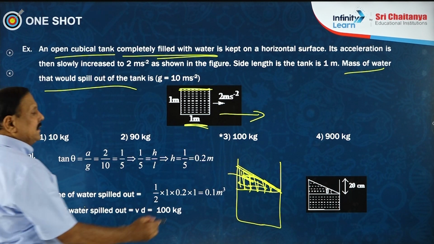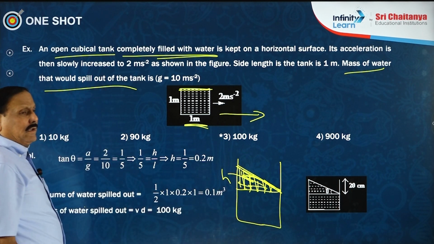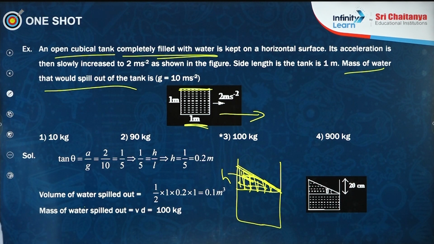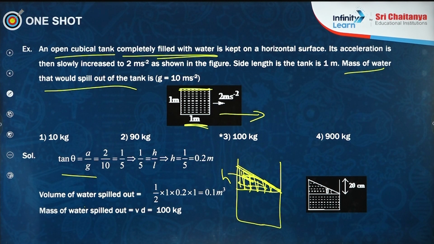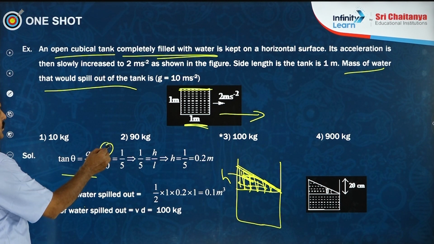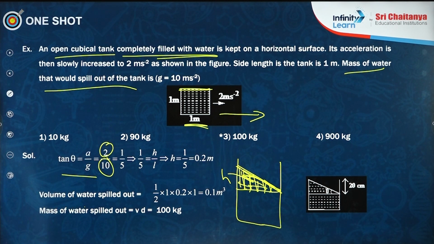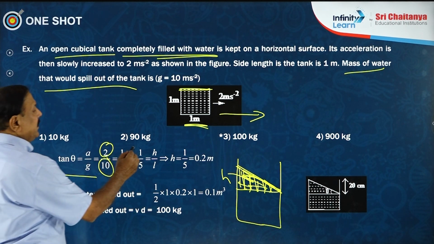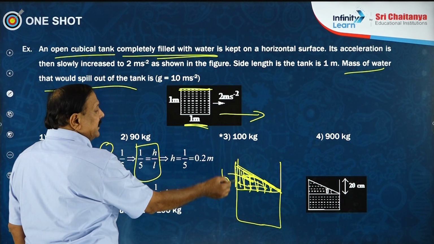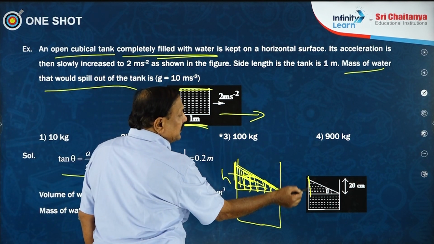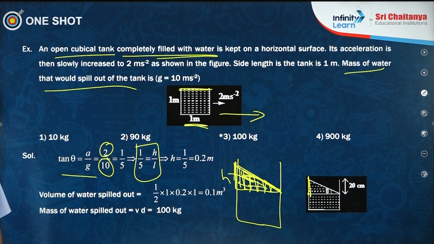So for the height of that region we use the formula again: tan theta is equal to a by g, where a is given as 2 and acceleration due to gravity is 10, so it is 1 by 5, equated to h by L. From that, the height h of this part of the liquid column we get as 0.2 meter.